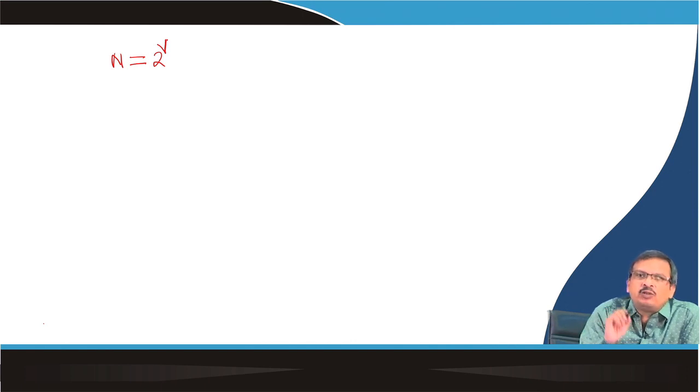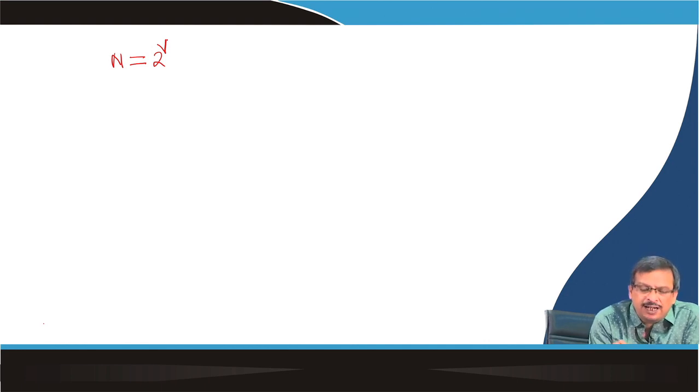In the divide and conquer method, I said the limitation is that n should not be a prime number. Here in Radix-2, the limitation is that n can be expressed as 2 to the power v.